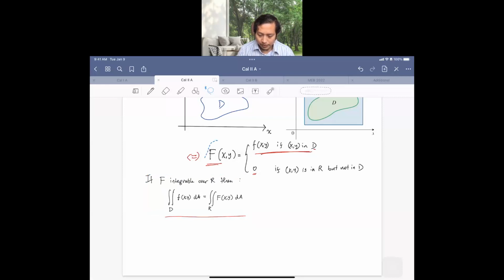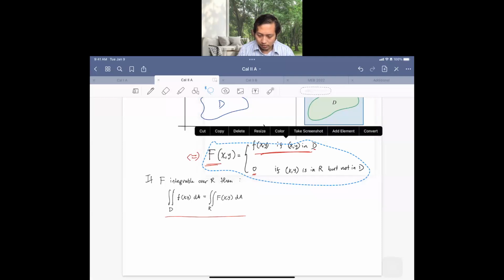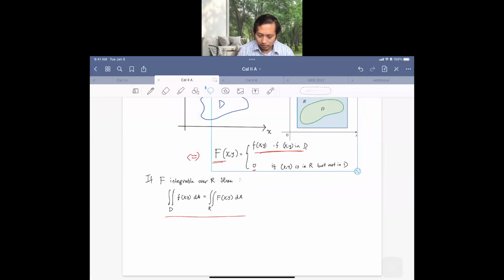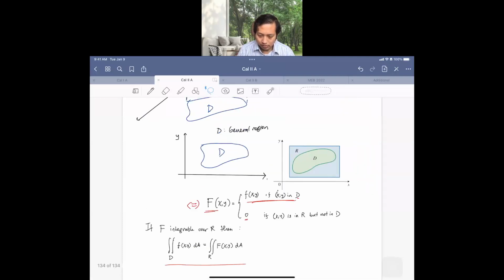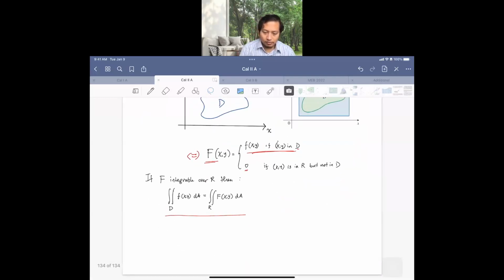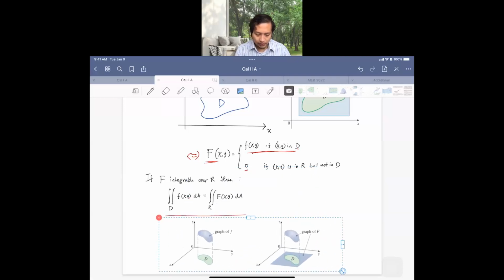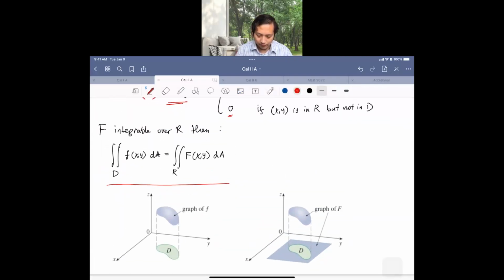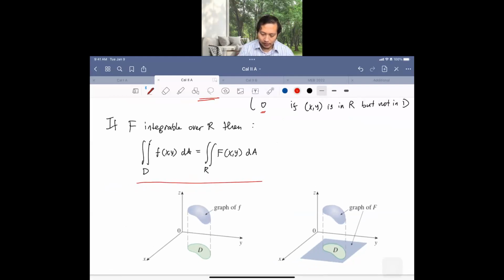What it means is, if you project this f, this is just what we have here.